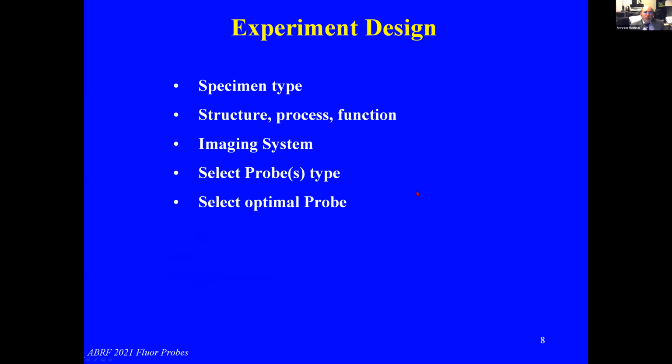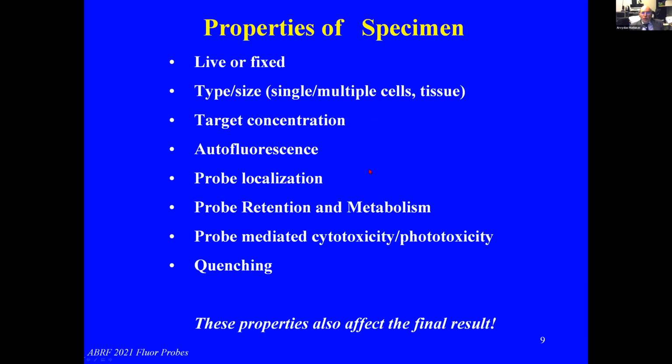So in experiment design, we should look at specimen type, then what we want to study and label, structure or process or even function, look at the available imaging systems, and then select the probes and try to identify the optimal probe.